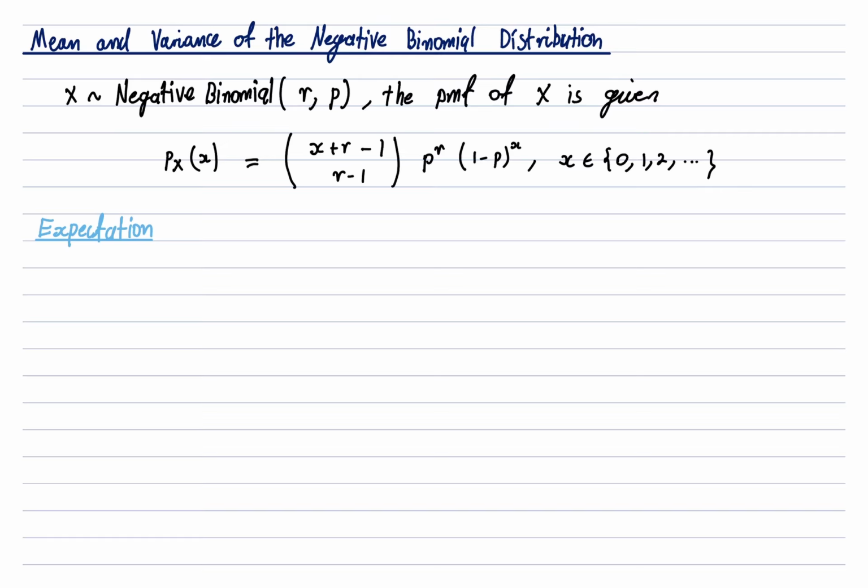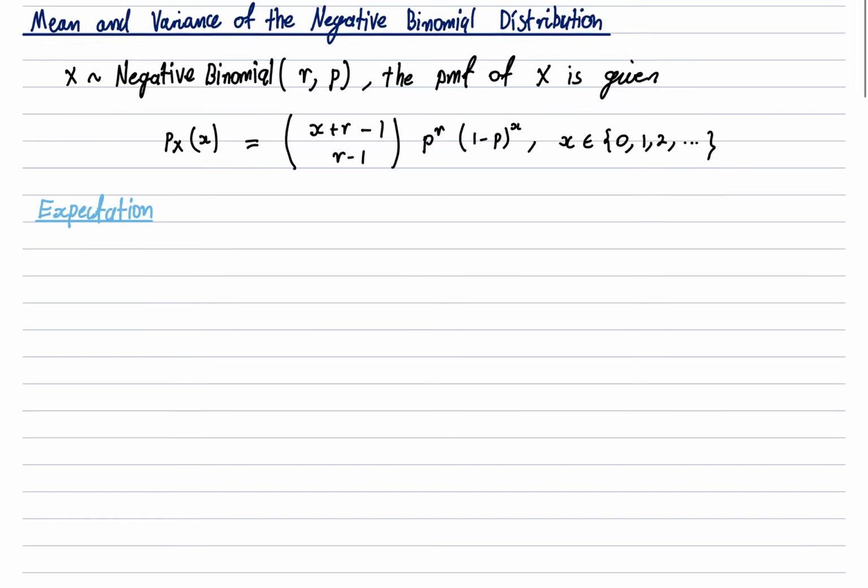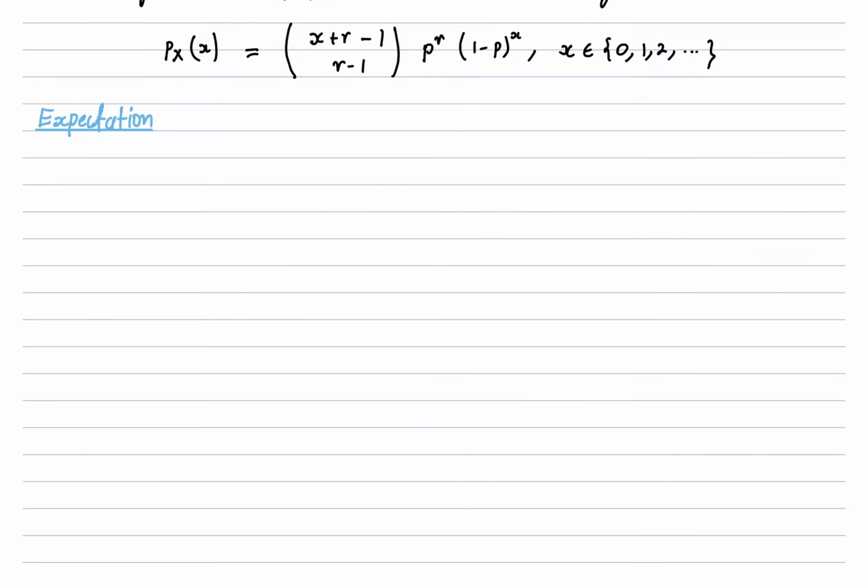So instead of going straight for the expected value of x, I'm going to derive the expected value of x choose k. In other words, the combinatorial factor involving the random variable x when you're choosing k from x.